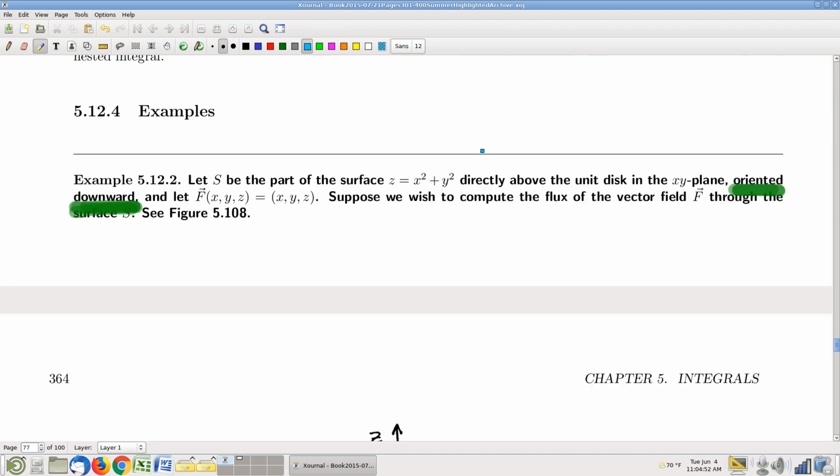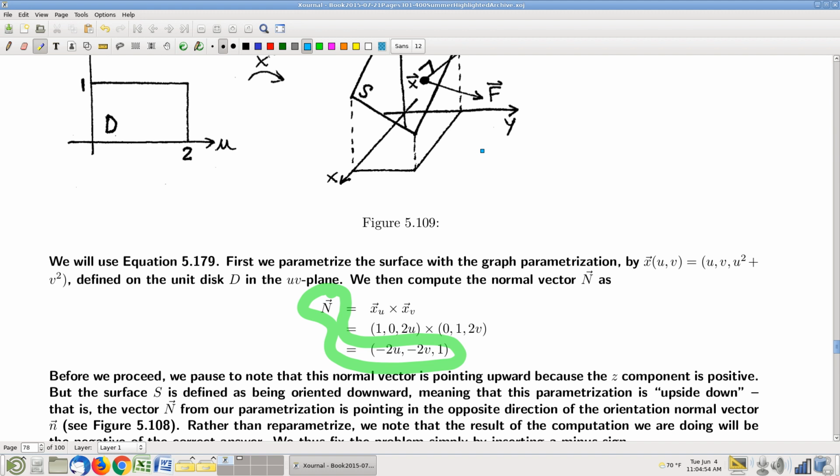And it's a real easy check. I just come down here and see, and drum roll, our third component is positive, and therefore upward, and we parameterized the wrong way. Everybody good? Okay, so you just have to keep this in mind.